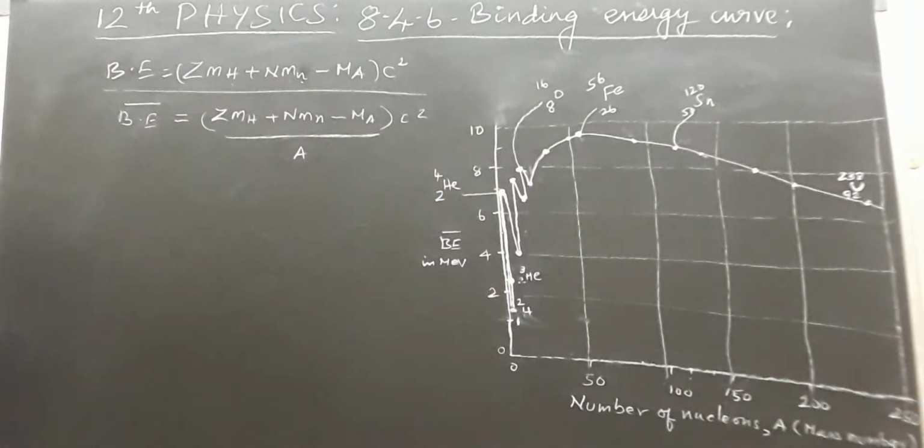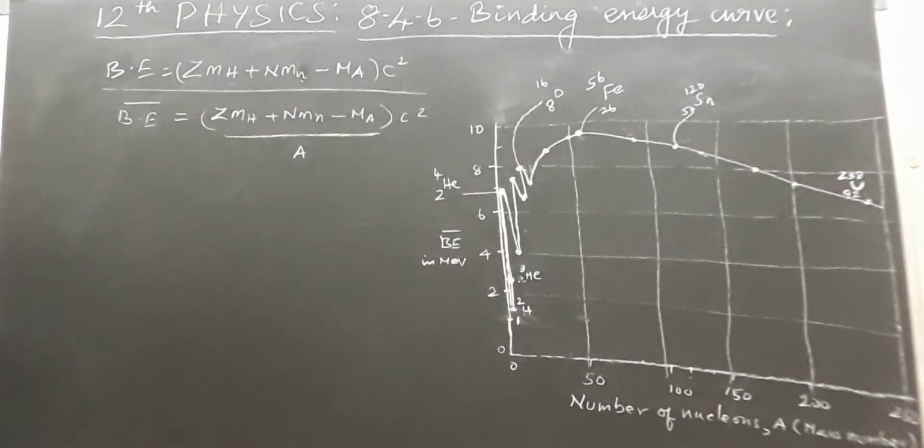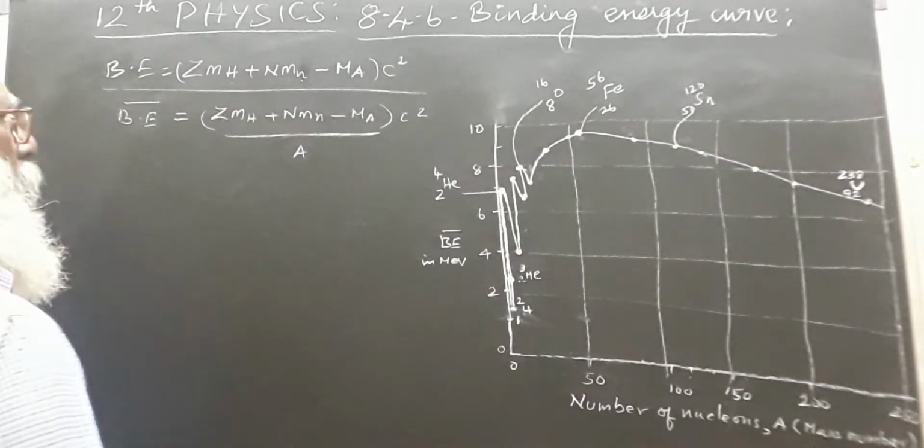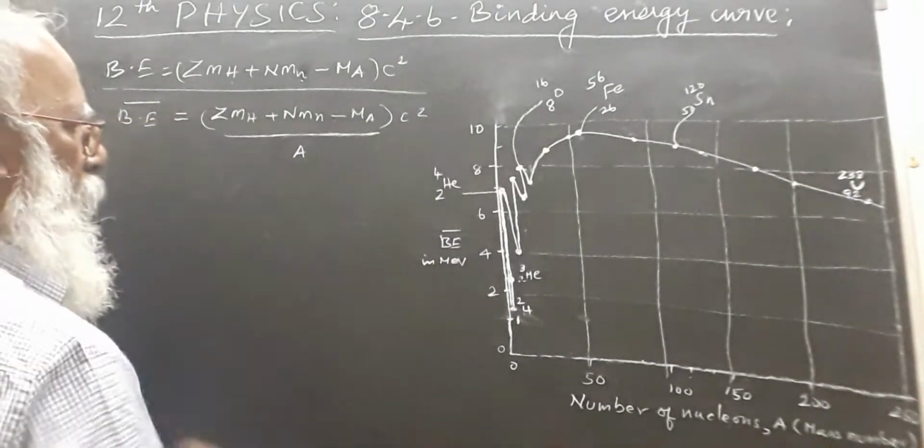The average binding energy per nucleon is the energy required to separate a single nucleon from the particular nucleus. That's the definition.